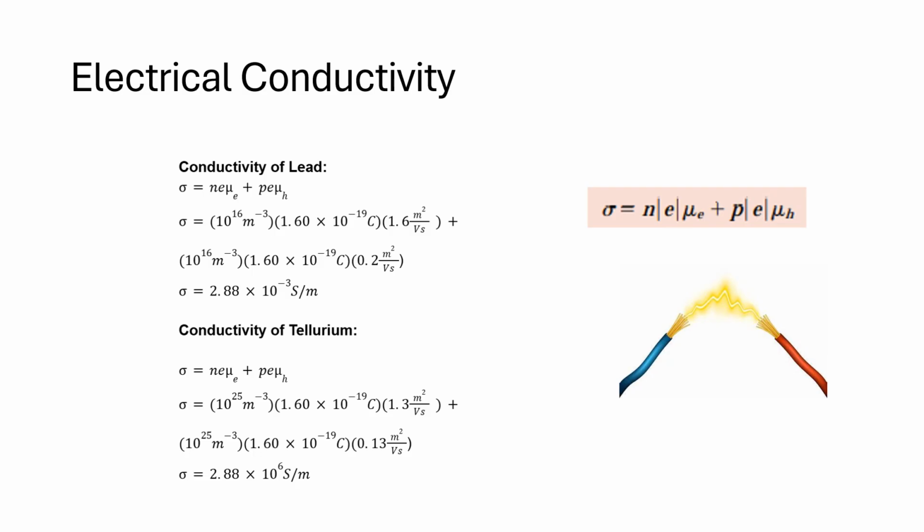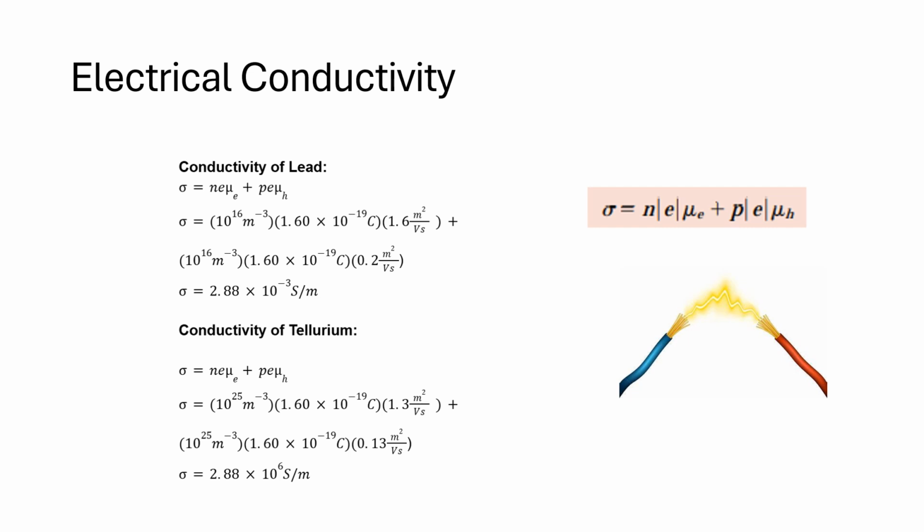Next, we have our electrical conductivity. To find our electrical conductivity, we want to use the equation on the right. It is in terms of our concentration, our charge of the electron, and our mobilities for both the electron and the hole. Using this equation and the results that we calculated earlier in the presentation, we found the conductivity of lead to be 2.88 times 10 to the negative 3 Siemens per meter.